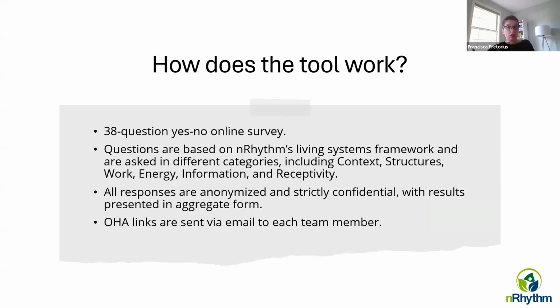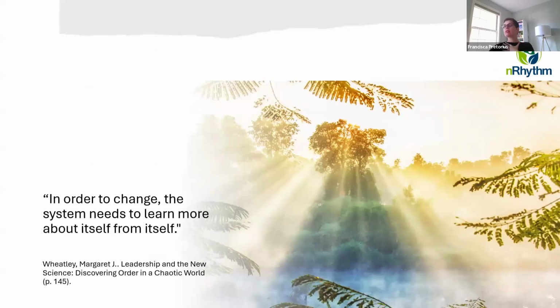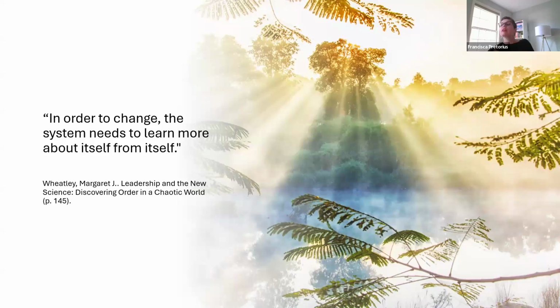And then how does it work? We send out a link to every single person in the organization and they answer the questions. So it's very self-reflective. And we believe, and this is a Margaret Wheatley quote, this is not an objective, perfect, outside-looking-in data about exactly where your organization is at.